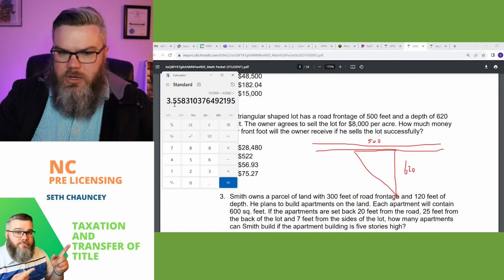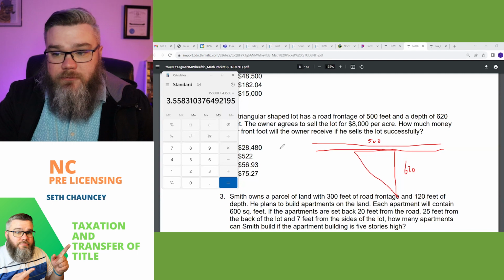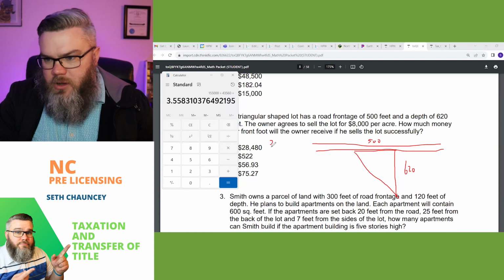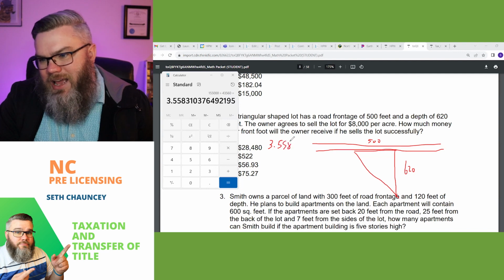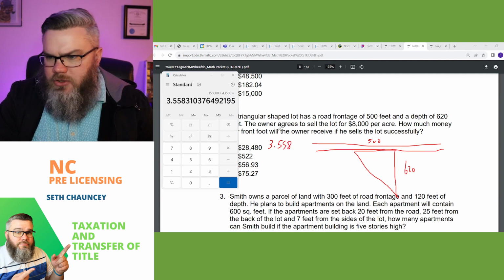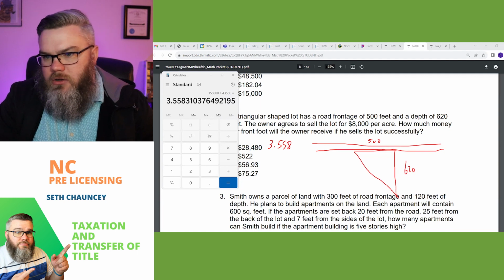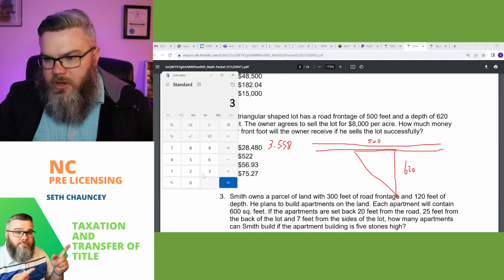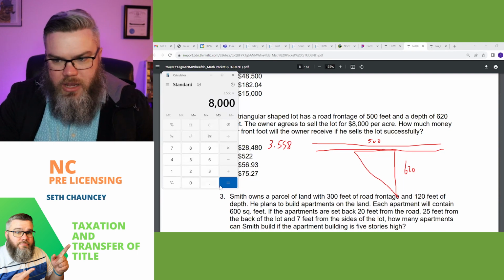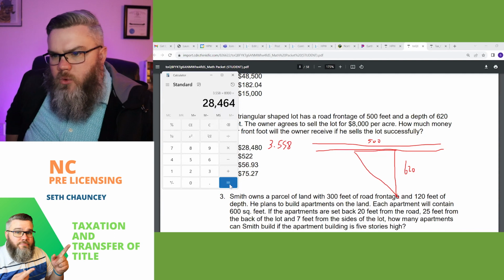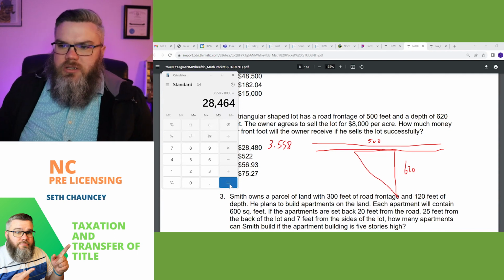So yet again, I'm going to round it for the way that this is intended to be, okay? So I'm going to round this to 3.558 acres. And so he wants to sell the lot for $8,000 per acre. So take your 3.558 acres times your $8,000 per acre, which means we're selling it for $28,464.